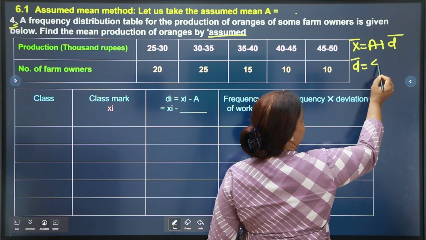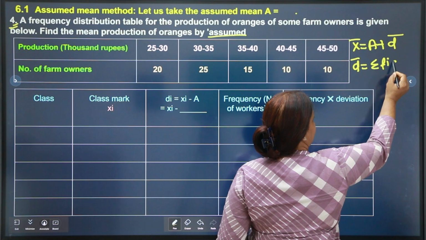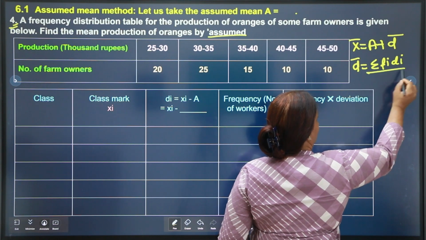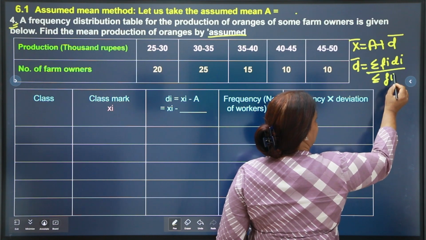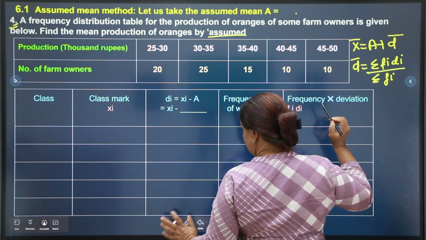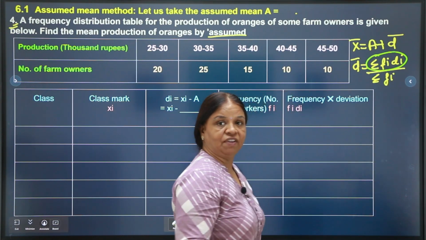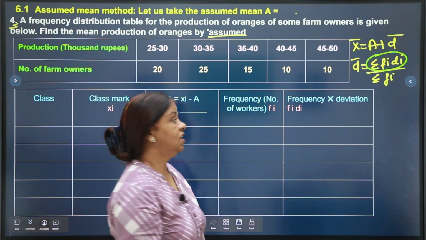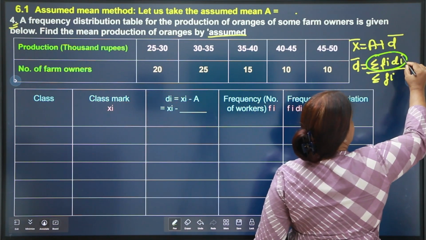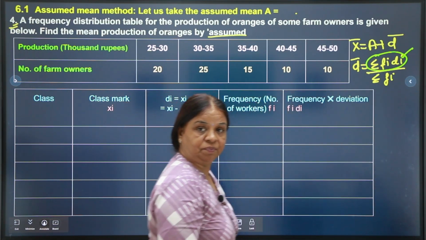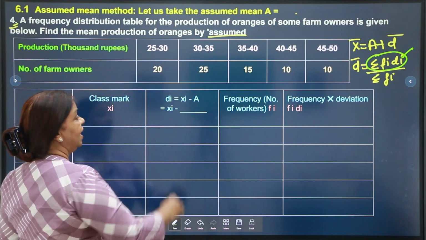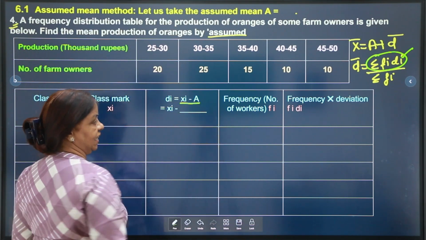Bar D is summation of Fi Di upon summation of Fi. So we need to find out summation of Fi Di. And before finding summation of Fi Di, we need to find out Di. And how do we get Di? Di we get by Xi minus A.